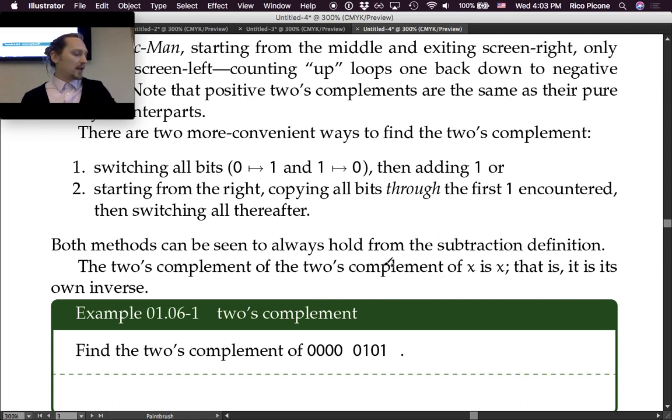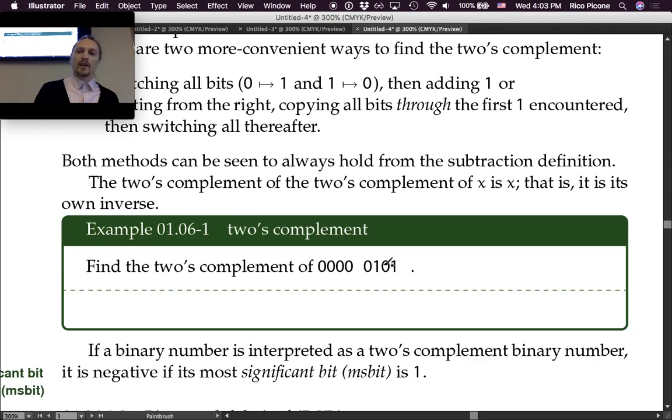I don't really have strong opinions on which way you try to use, but let's try them out on this example. But first, the 2's complement of the 2's complement of x is x, which is part of why the 2's complement is used as a representation for negative numbers.